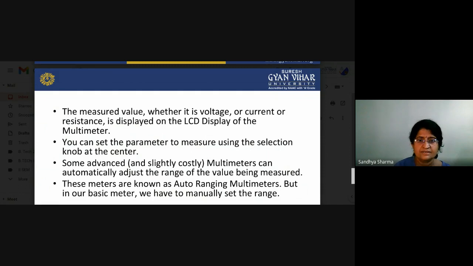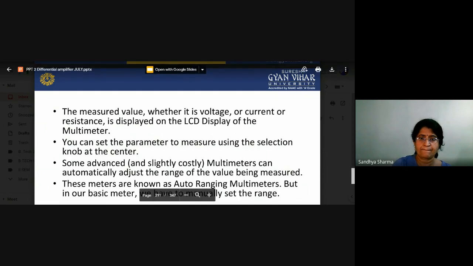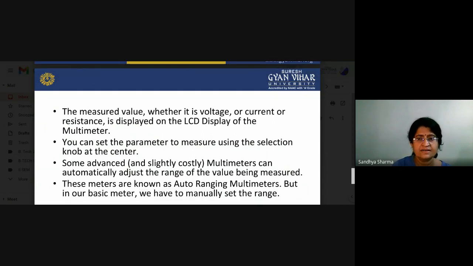Some advanced multimeters can automatically adjust the range of the value, but basically when you start to measure any value, you first have to check the range of our knob. In our basic meter we have to manually set the range.